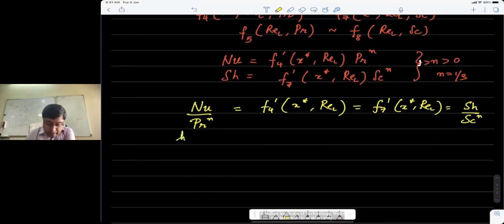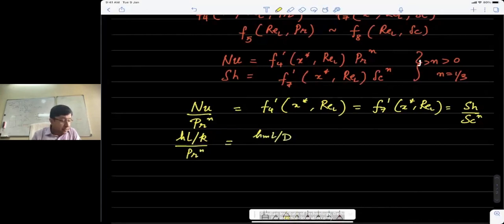If I plug those values in, and this is true not just for local values but also for averaged parameters, Nu bar or Sh bar, then h L by k by Prandtl to the power n would be the same as h_m L by, in this case, D_AB, the binary diffusion coefficient, by Schmidt to the power n.